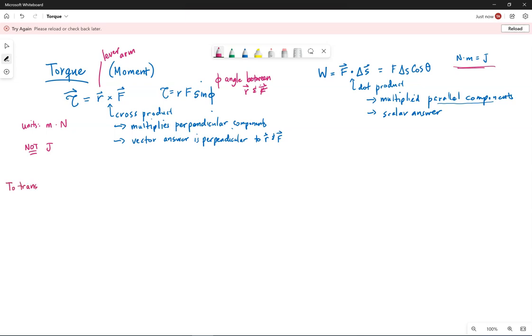So to turn this into work, we would need the torque, but then that torque would need to be applied as an object rotated through some angular distance, theta. So a meters times a newton times a radian is what's going to give us the joule. Though technically the radian isn't a true unit, so we wouldn't necessarily write it. But just keep that in mind, because you're going to want to make torque energy or joules at first at least.